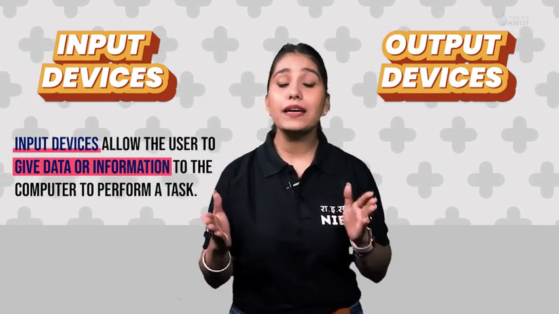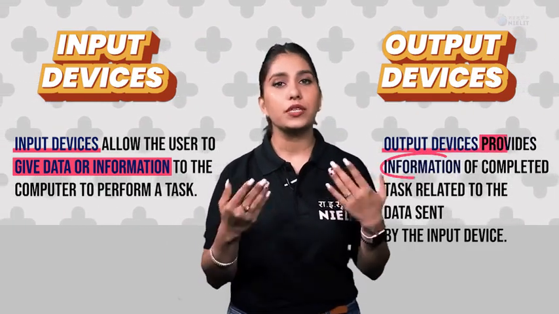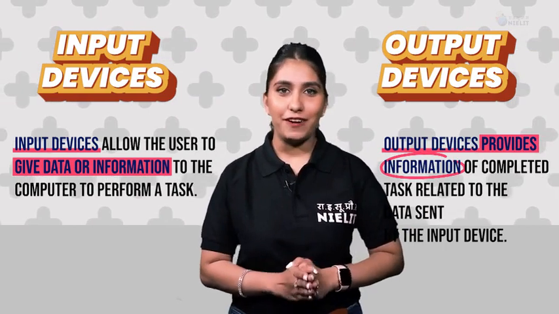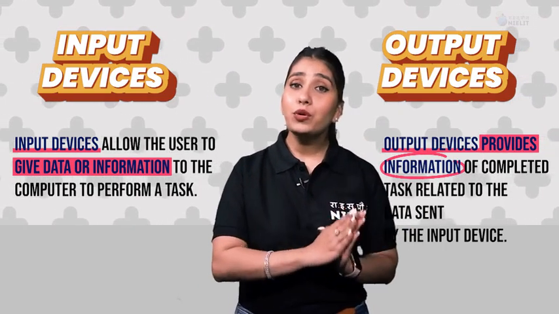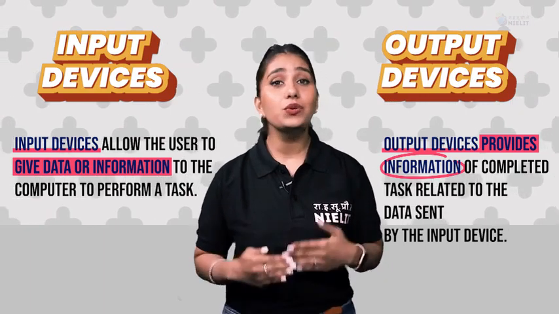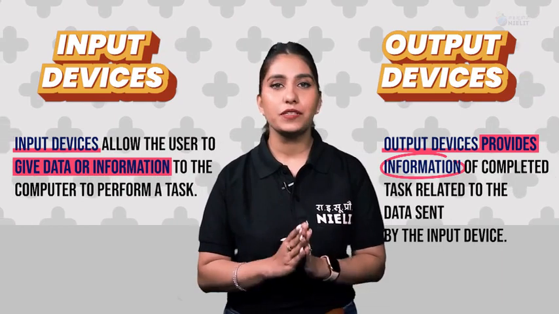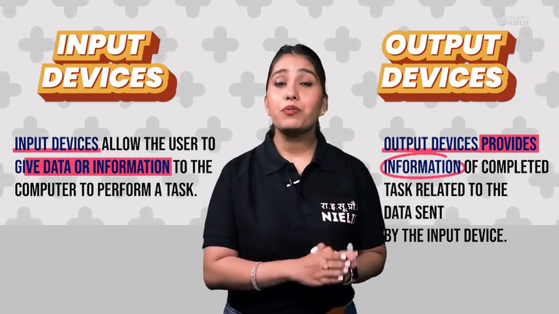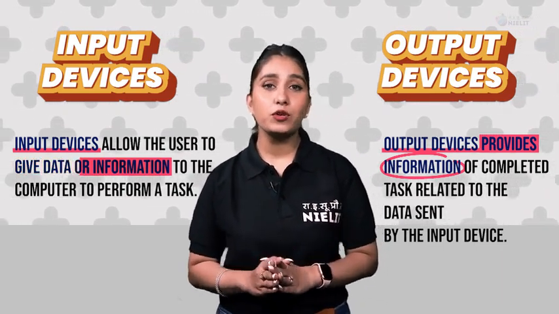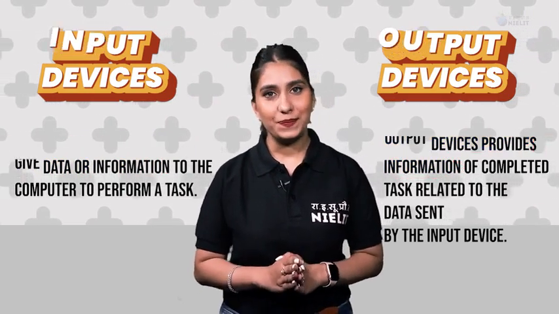Now, output devices provide information of the completed task related to the data sent by the input device. The computer receives the data from the input devices, executes the task accordingly, and provides output using the output devices. Printers, monitors, headphones, etc. are some of the commonly known output devices.